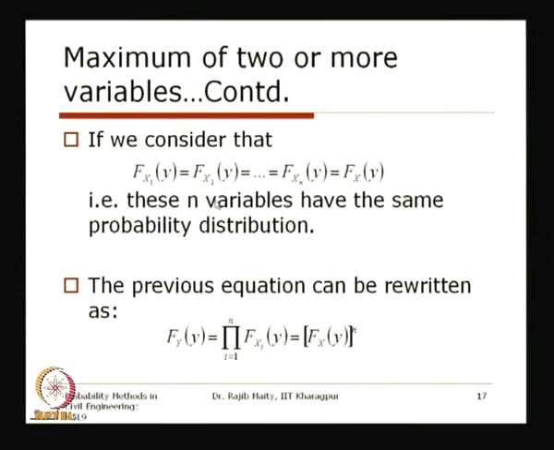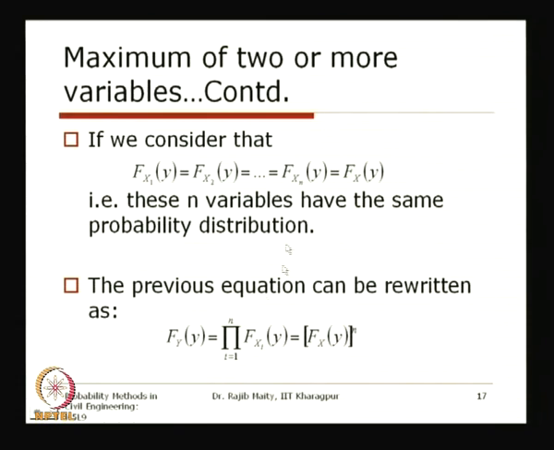Now again one more assumption: if all the distributions are similar, that is, Fx1 expressed in terms of y, Fx2 expressed in terms of y, and all these random variables x1, x2 up to xn have a similar distribution, which can be written as Fx(y), then these n variables have the same probability distribution.